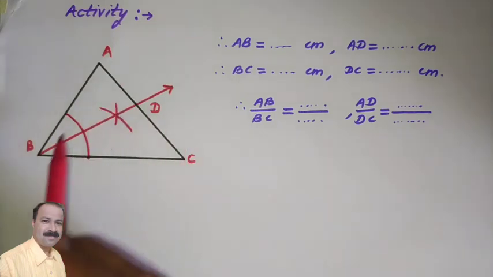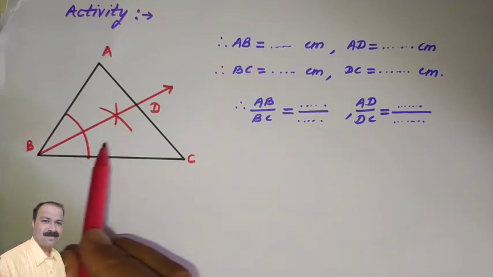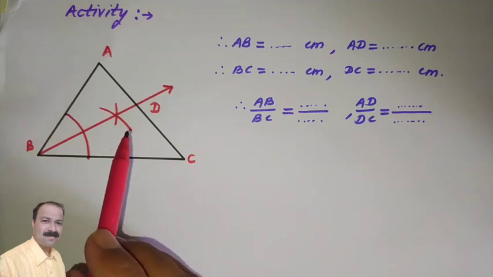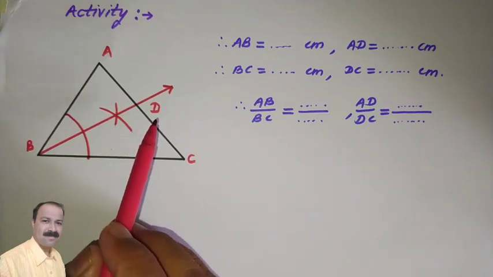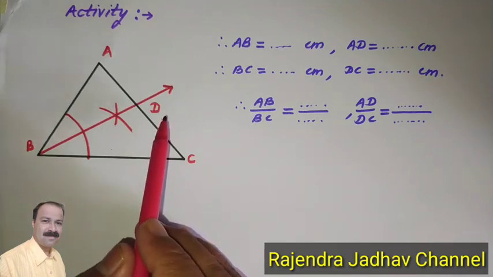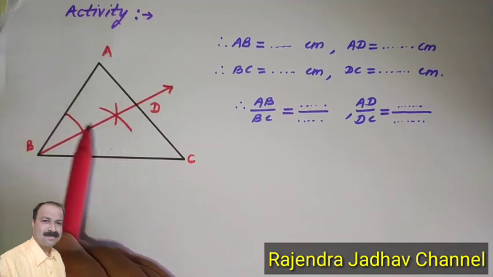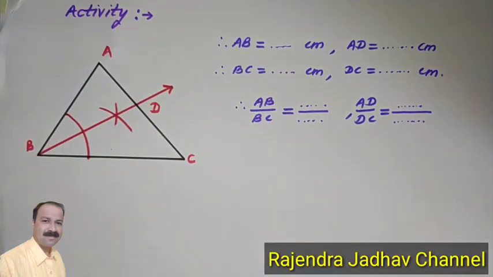Here, draw a triangle ABC and bisect angle B, and name the point of intersection of AC and the angle bisector as D. First, measure the side AB.